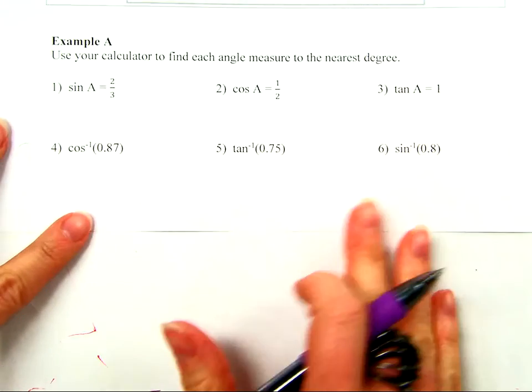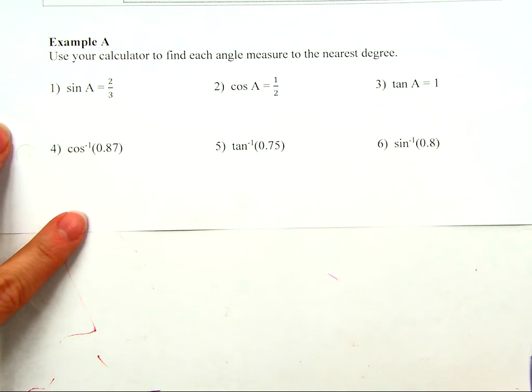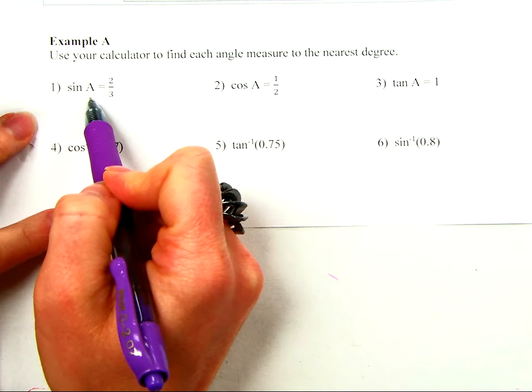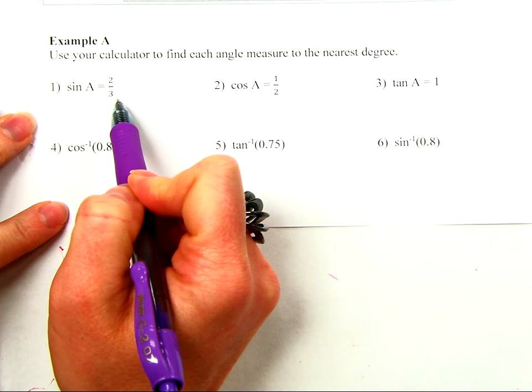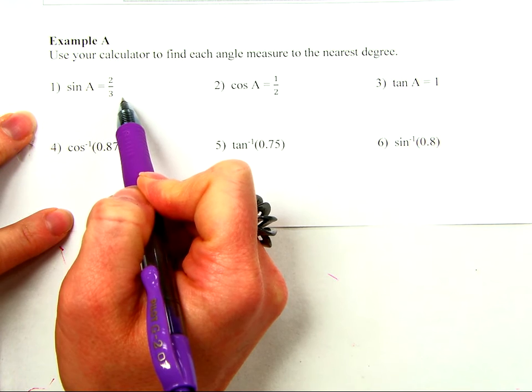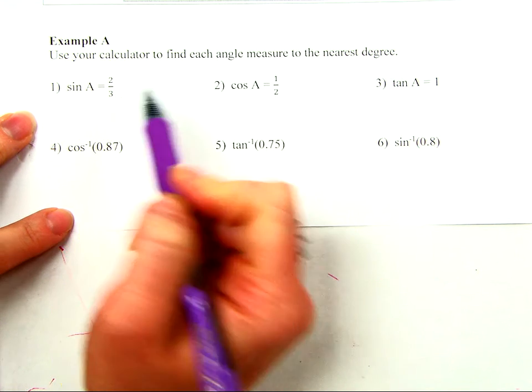So if you look down below, they're asking us to use our calculator to find each angle measure to the nearest degree. Well, the sine of angle A equals 2/3. We want to know which angle has a ratio opposite to hypotenuse of 2 to 3.